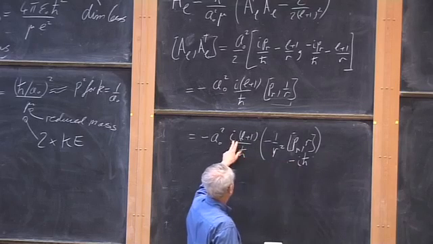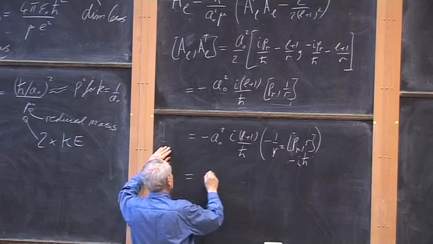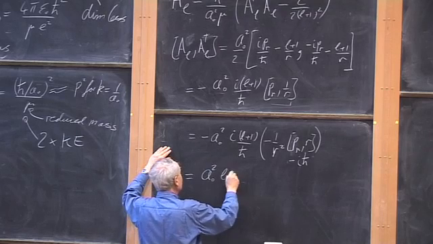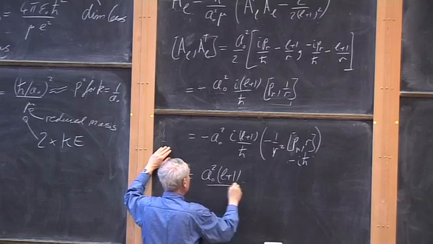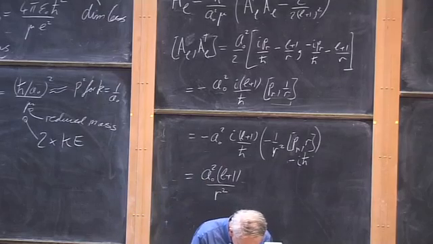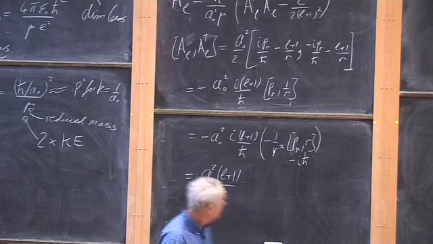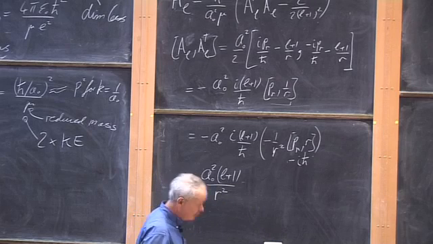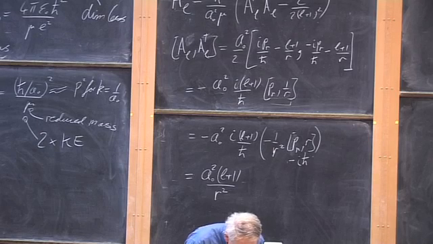The two i's make another minus sign, which kills this minus sign. All being well, this is equal to a0 squared (L+1), the h bars cancel, over r squared. Check sign. Yeah. No, that's correct. That's correct.